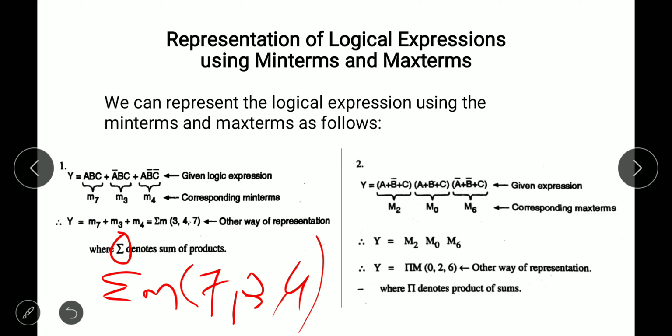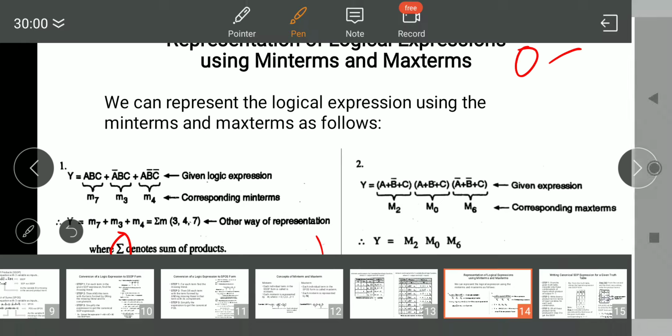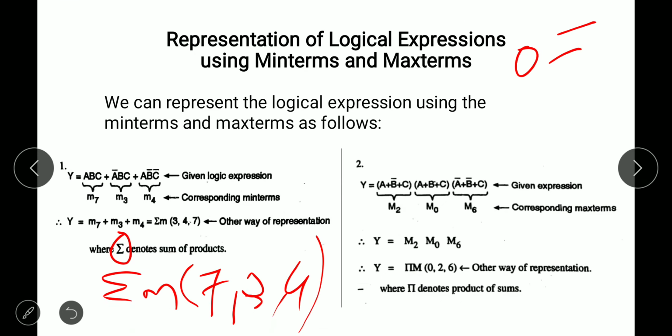Now second, for a max term, A B bar C. So you know that 0 represents no bar and 1 represents bar over here. So here 1 represents bar, so here 0, then 1 and 0. So this is nothing but M2.